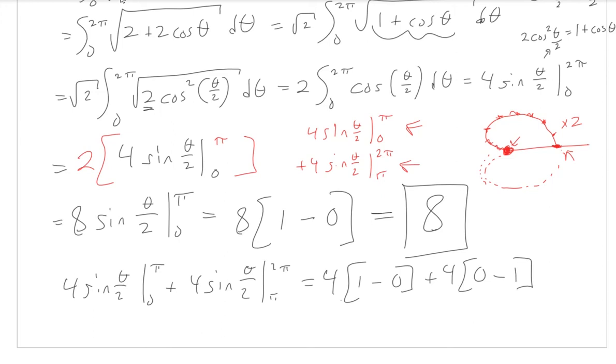So what we notice here is that the length from 0 to pi is a distance of 4, and the length from pi to 2 pi is a distance of negative 4, because it'd be 4 times negative 1. So that is why we were getting an answer of 0 earlier. But if we just double that, we get rid of that answer of 0, or if we consider that a negative length doesn't make sense, we should know that 4 plus 4 should give you 8.